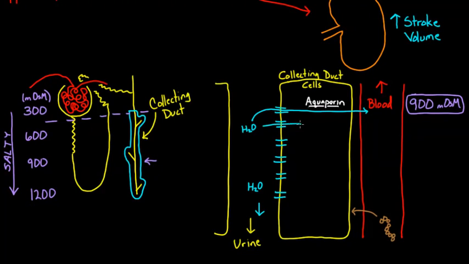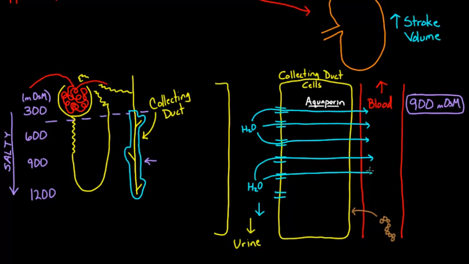And it's going to do it again here, and it's going to go here. So all this water is just gushing into the blood. Look at all this water. And so this blood is going to be loaded with water now, something that it did not have before because the water couldn't get across before.